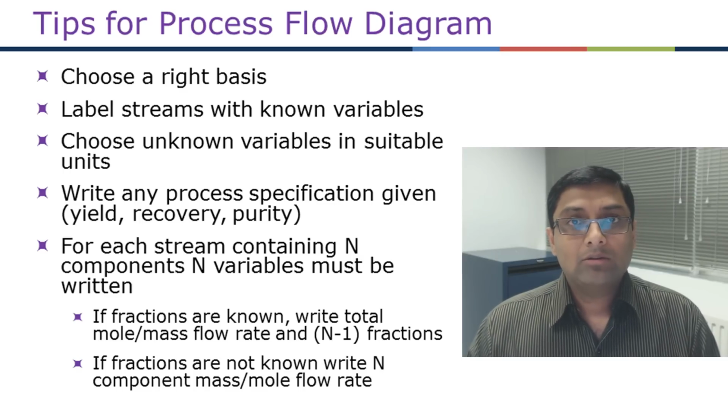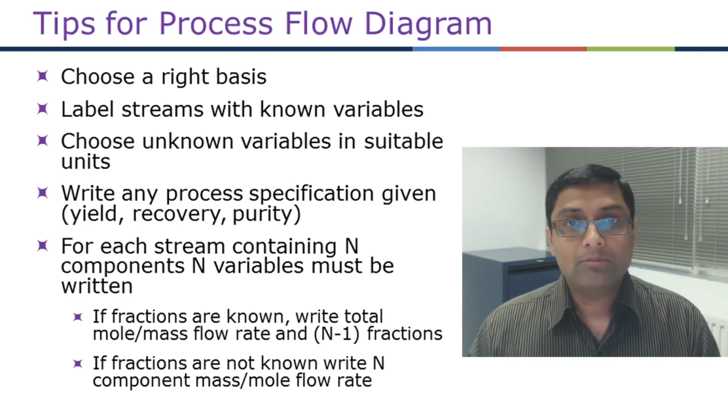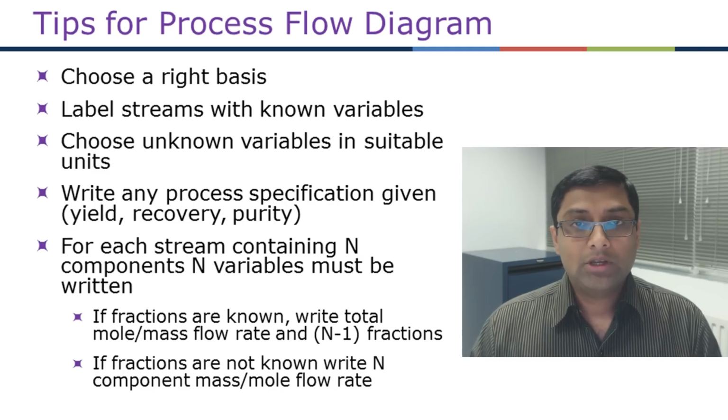Remember, when you're writing composition of any given stream, you have n number of variables if you have n number of components. For example, if you have a 3-component system, you can write total mass or mole and 2 variables for 2 components. The third one would be 1 minus the other 2.